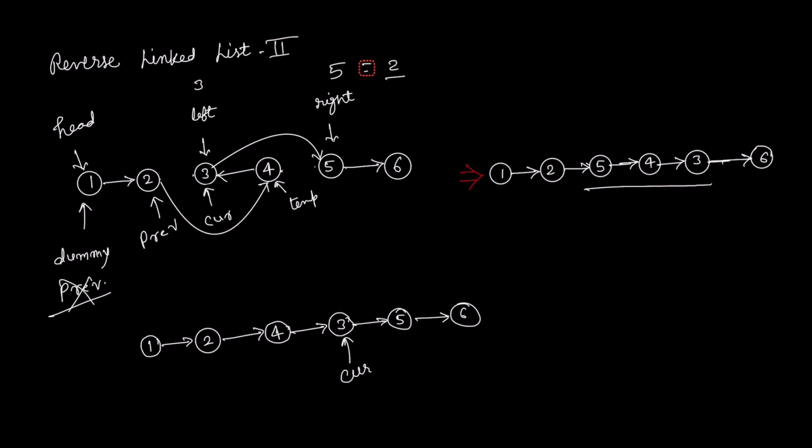But what should be our final approach? Our final approach should be like this, no? 1 2 5 4 3 6. So again we will shift one more position. Just see how. So what I will do, I will shift current to whatever pointer we have taken for temp. I will just take a new pointer, this one again for 5.